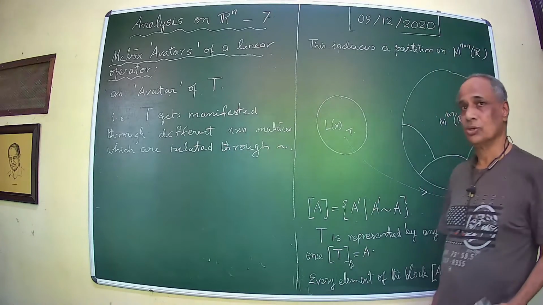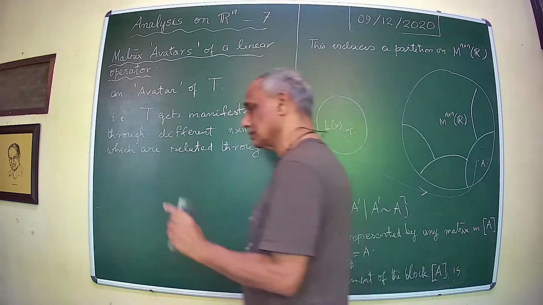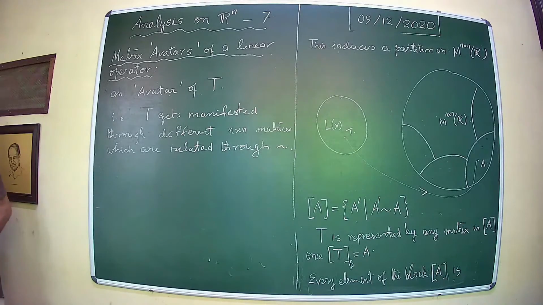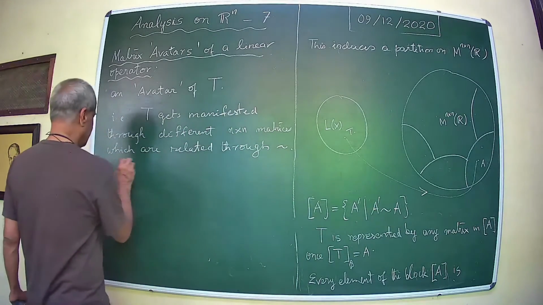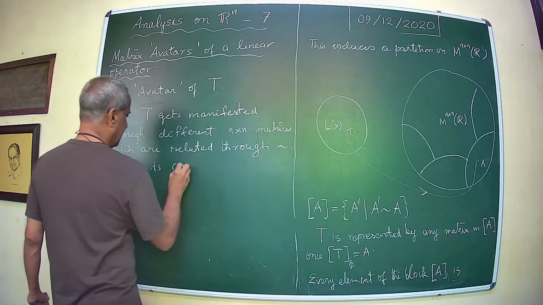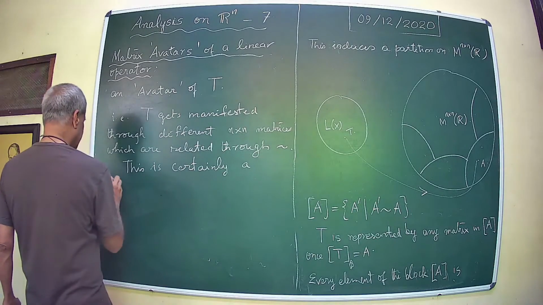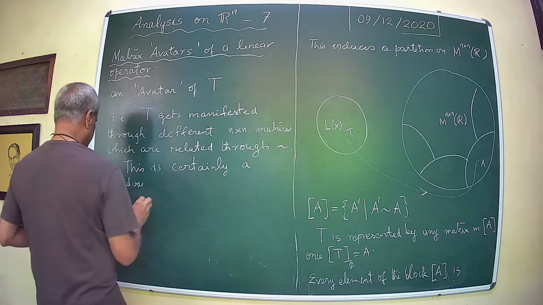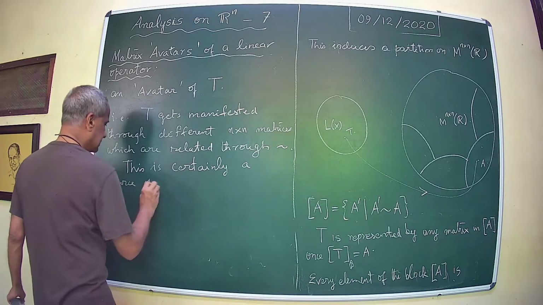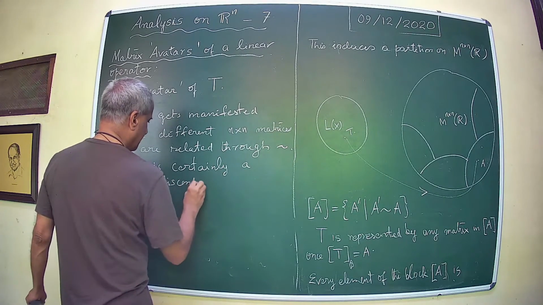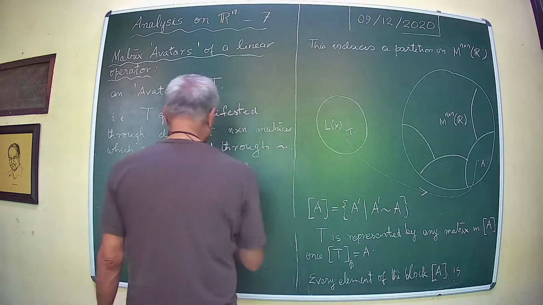You would like to choose a matrix which is probably the simplest representative for T. So this is certainly a disadvantage, a source of discomfort, because of non-uniqueness.